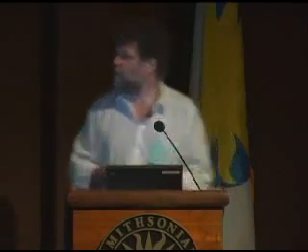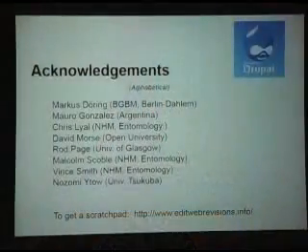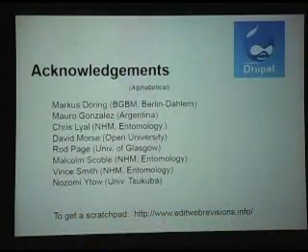I'd just like to acknowledge my colleagues here who have all contributed in various ways. What I've tried to present to you this morning is a view of what we think is the way that Linnaean systematics can make itself useful in the 21st century.